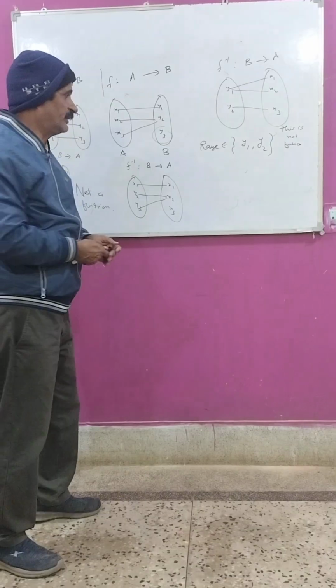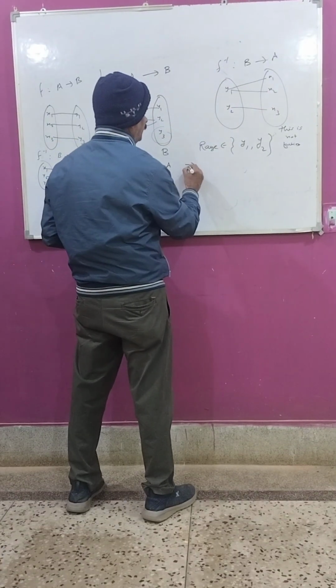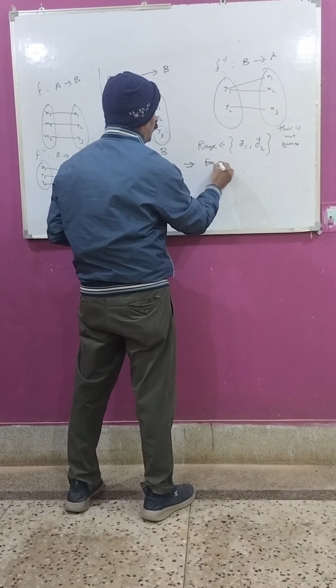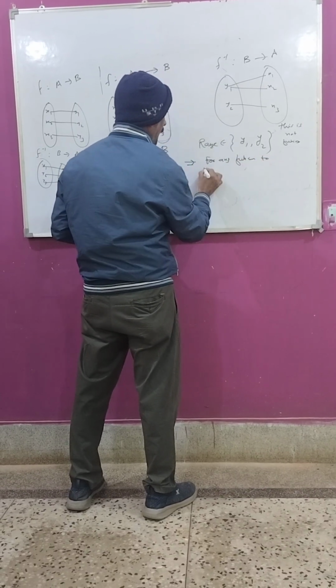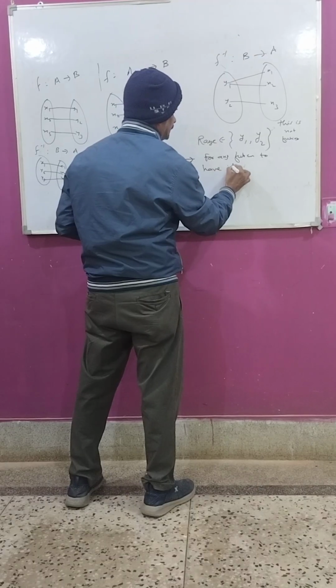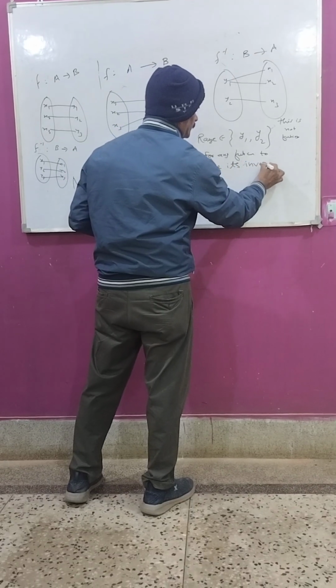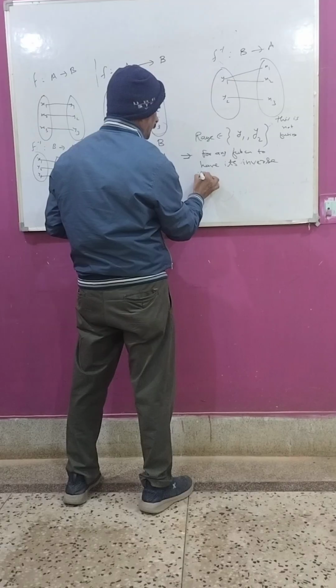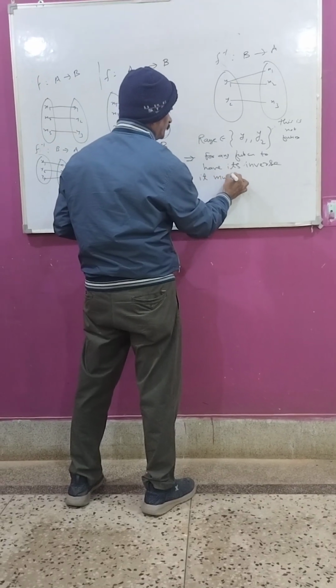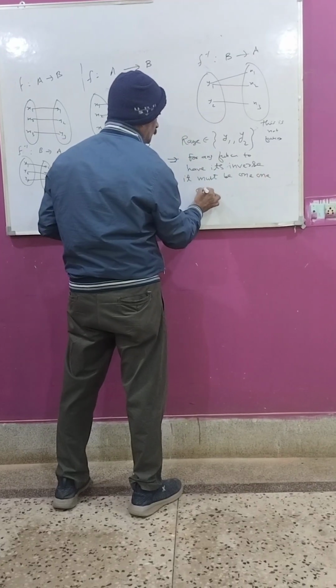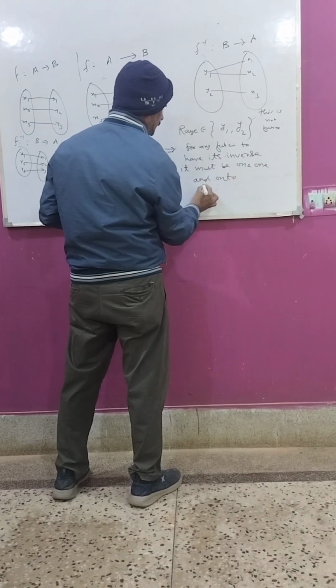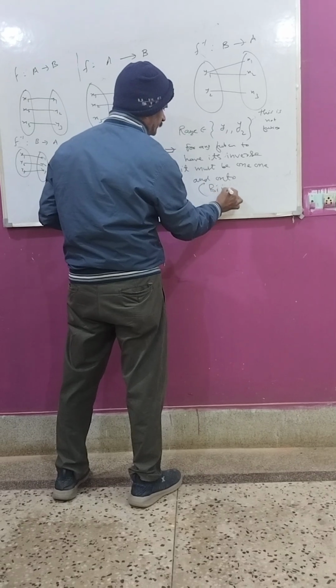So we can conclude that for any function to have its inverse, it must be 1-1 and onto. That is, it should be bijective.